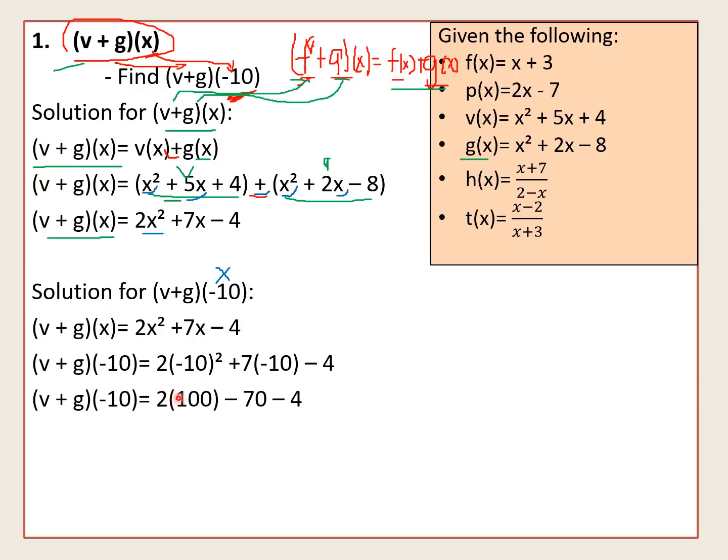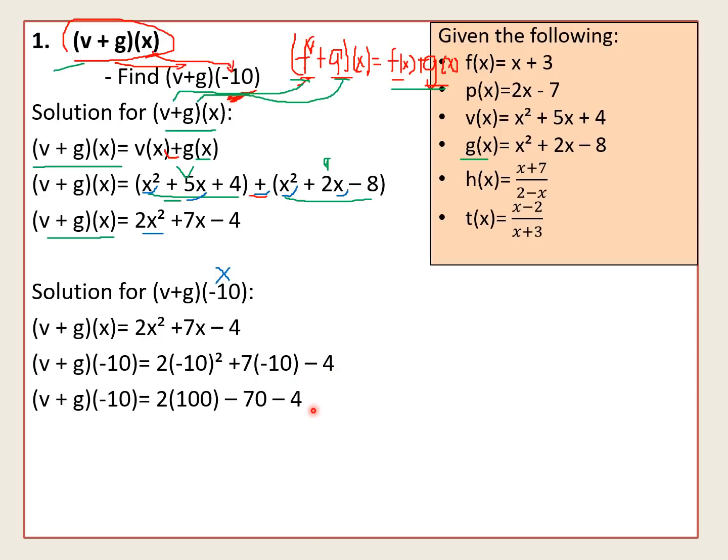Next, we go to the second term. So, positive 7 multiplied by negative 10. And positive multiplied by negative would always be negative. Okay? Then, 7 times 10 is 70. Next, we copy negative 4.